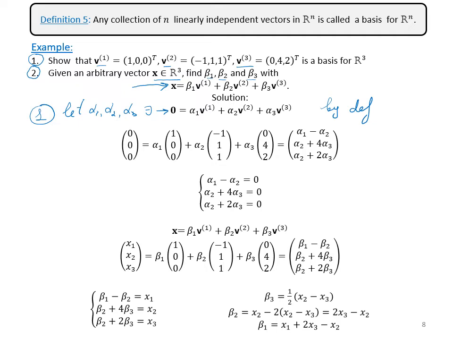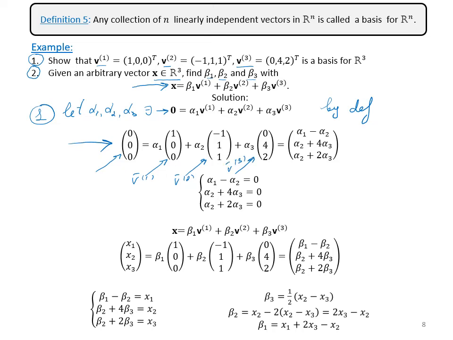Let's write down this equation in components. This is our 0 vector. This is vector 1, vector 2 and vector 3.